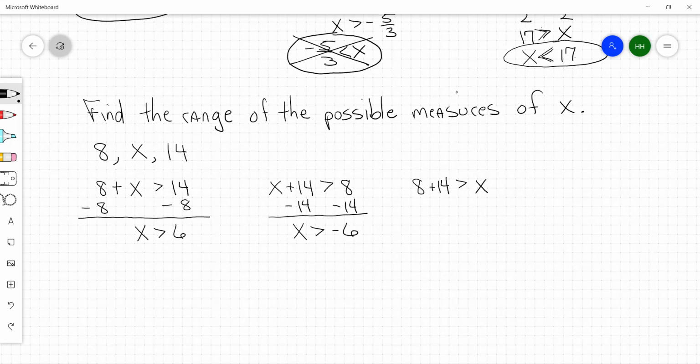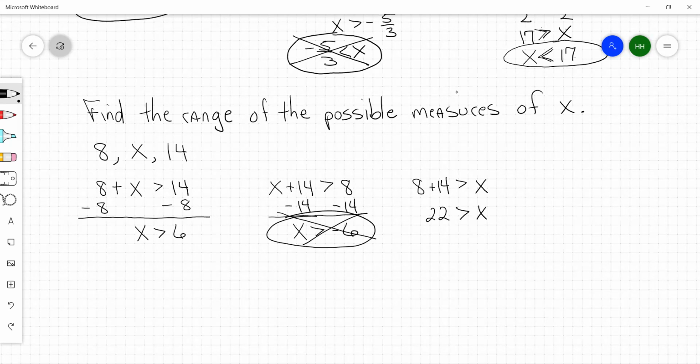Isn't negative 5 greater than negative 6? Can you have a side length that's negative 5 units? No, that's more hurt feelings. That triangle is going to get picked on. So then we got 8 plus 14 is greater than x, so we got a 22 that's greater than x.